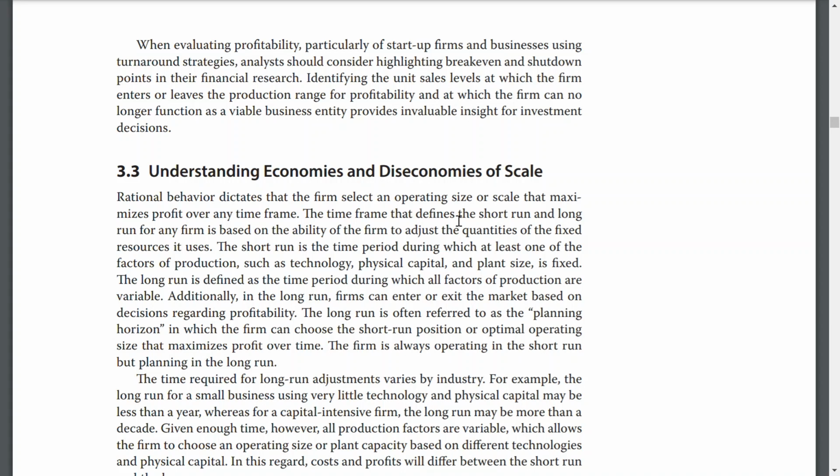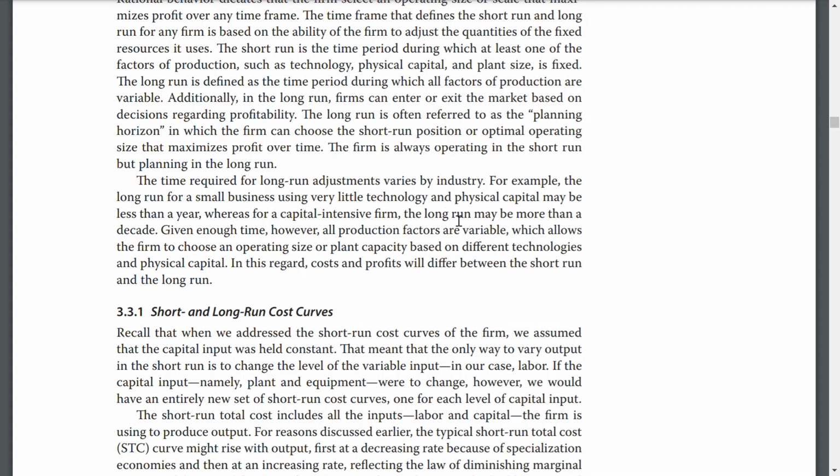The short run is a time period during which at least one of the factors of production, such as technology, physical capital, or plant size, is fixed. The long run is defined as the time period during which all factors of production are variable. Additionally, in the long run, firms can enter or exit the market based on profitability.